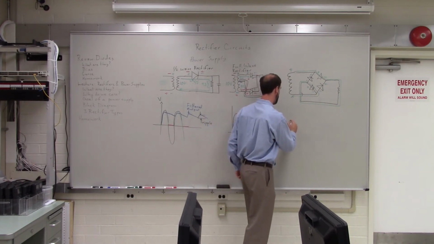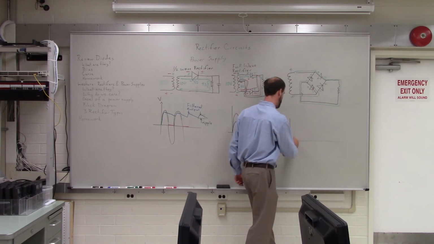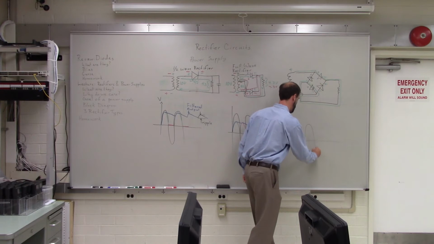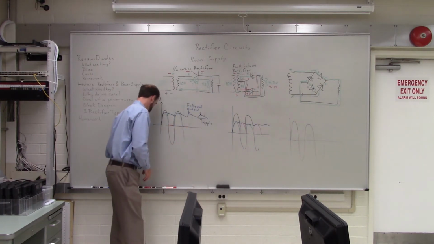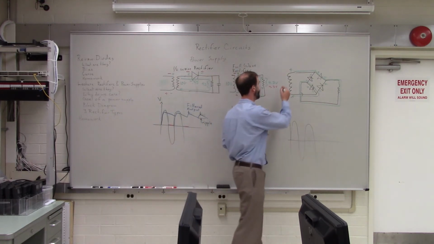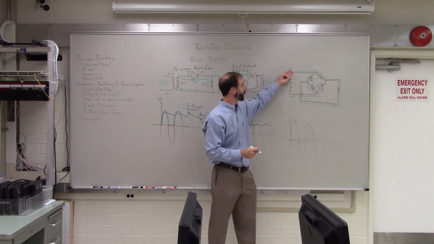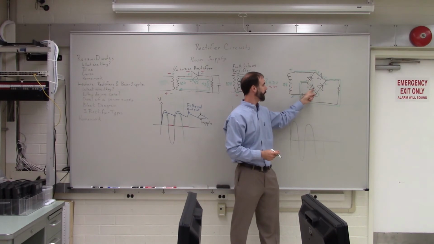So if we're looking at our input, our output, we're starting with 10 volts again. We start with 10 volts, and this goes through one diode there and a second diode there.